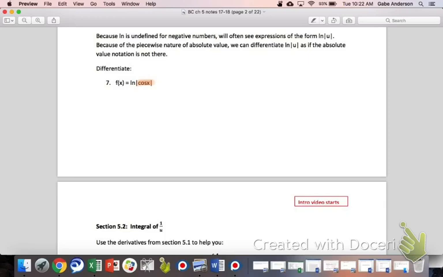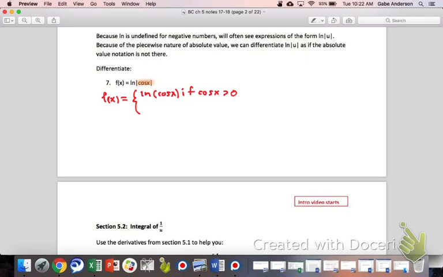So here's what we would do. If we want to prove this, let's write it like this. Let's say f of x equals, we're going to piecewise this out, natural log of cosine of x if cosine of x is positive.